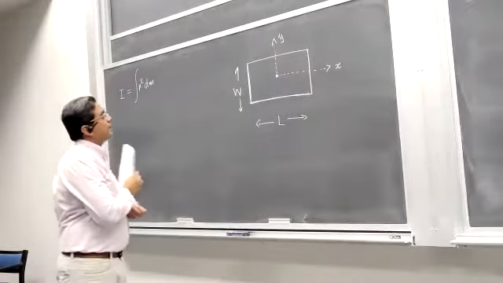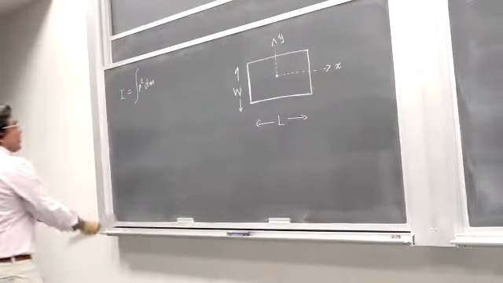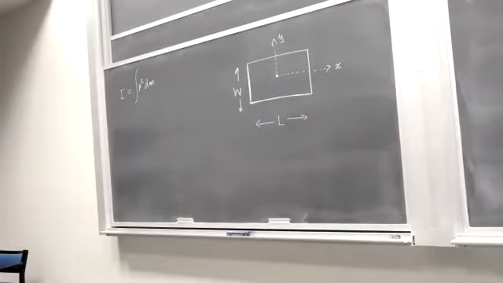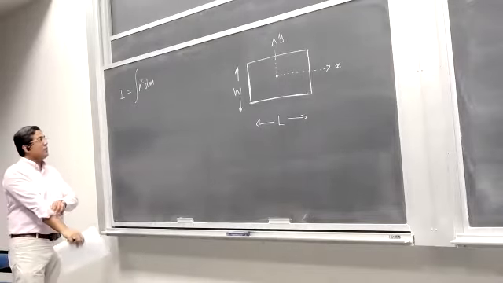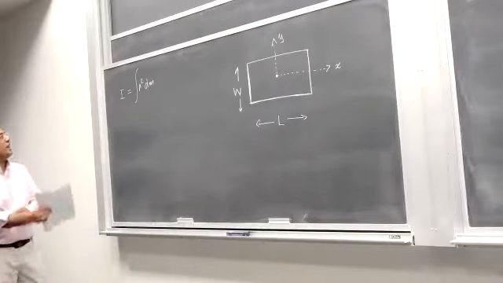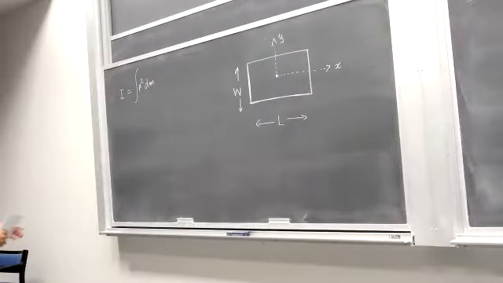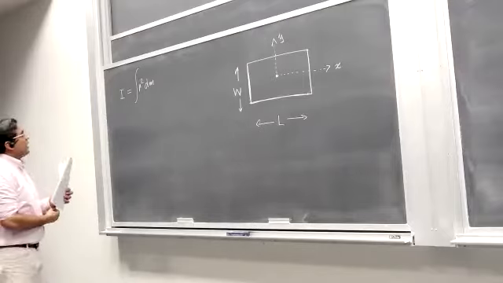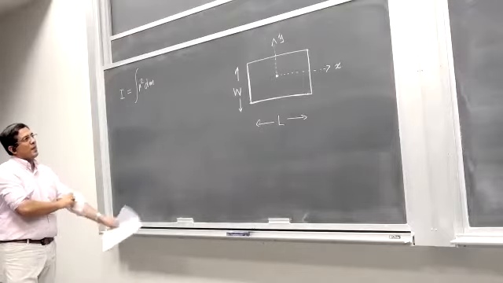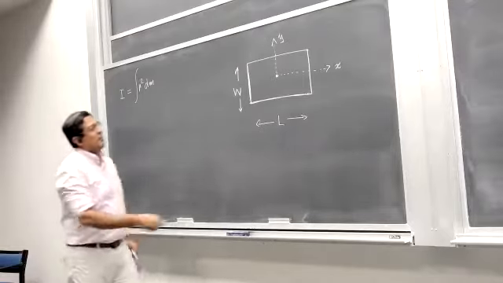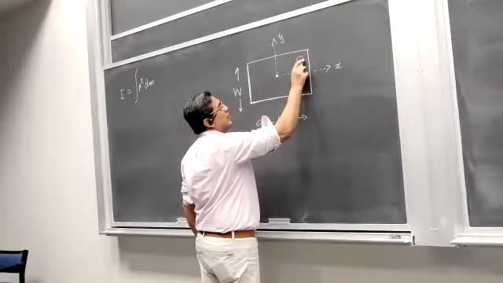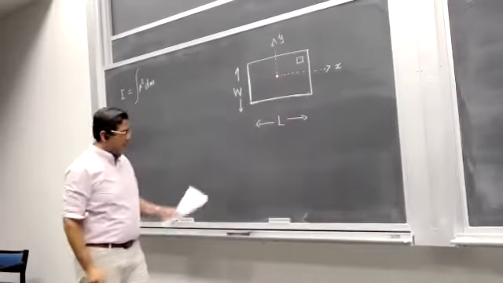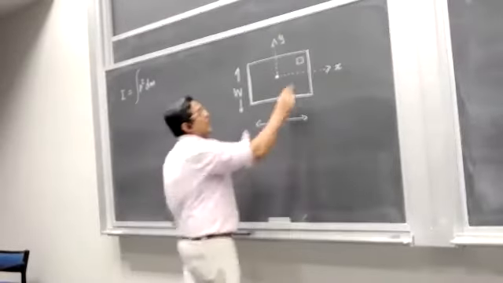When you have a situation like this, what we try to do is figure out the dm so that we can do the integration in some common variable. So let's say that we have a small mass here that represents our dm.